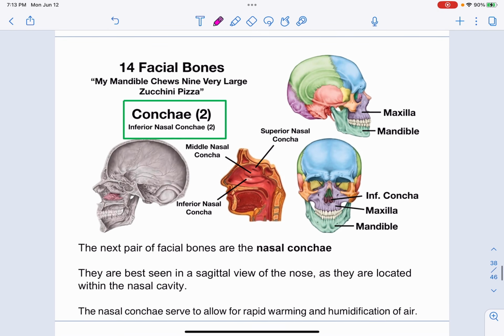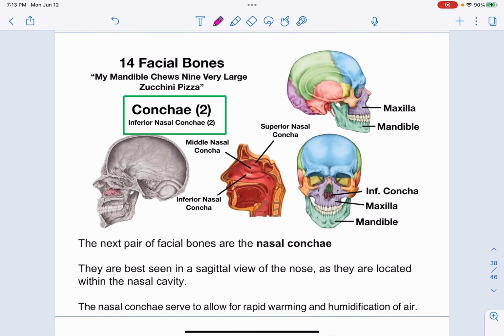All right, the nasal concha. Inside the nasal cavity, they look like little speed bumps, little bumps. Those are the nasal concha. And they're located within the nasal cavity. They are there to create turbulence.